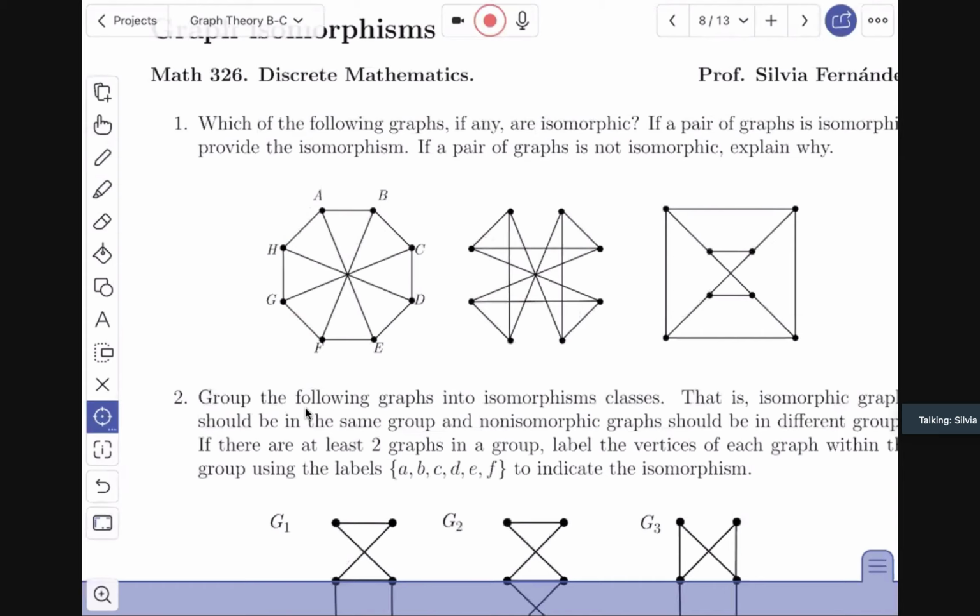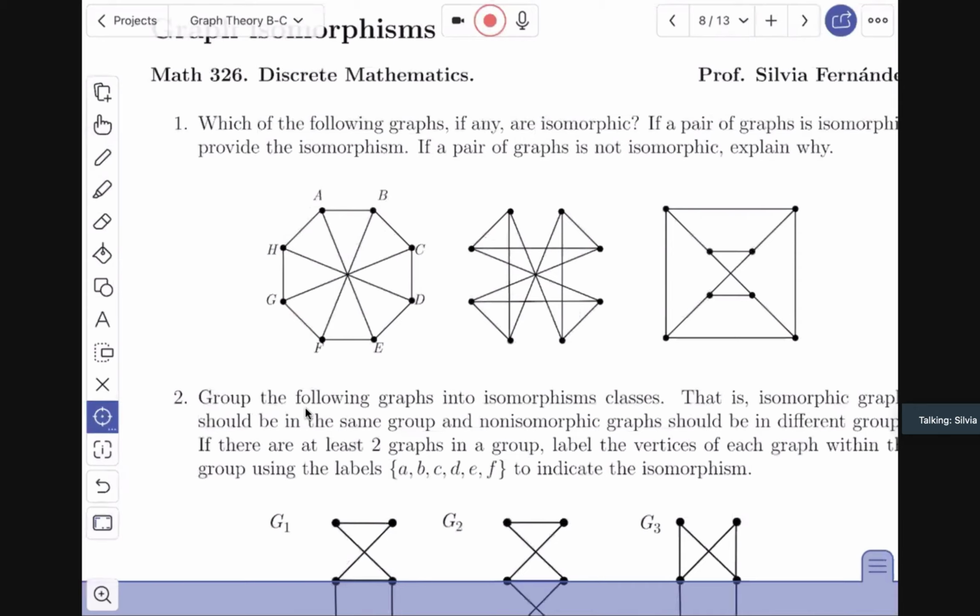You need to give the isomorphism for the isomorphic ones, meaning the labels. And you don't have to put much. You just have to give me the labels, and I essentially check if your labels work or they don't work. And if they're not isomorphic, you need to give me a reason. Those are harder. I show you different ways that you can do it.